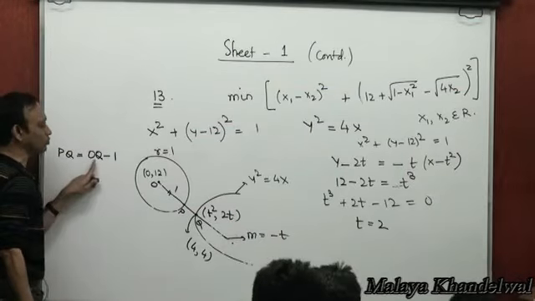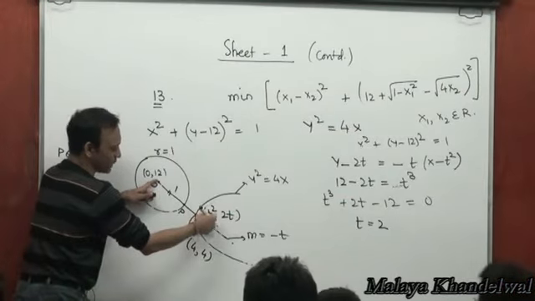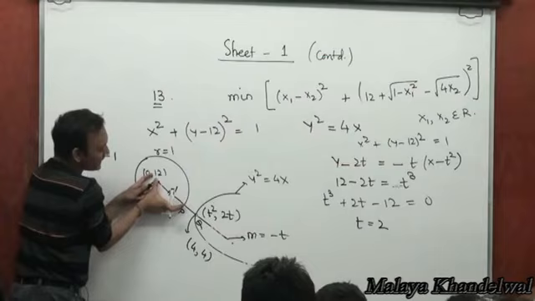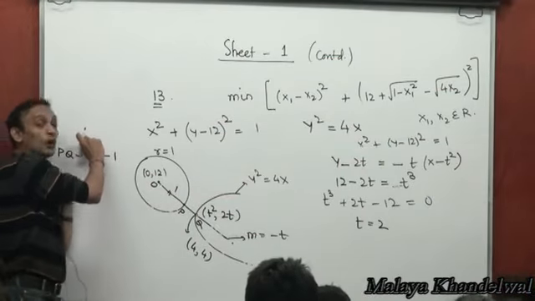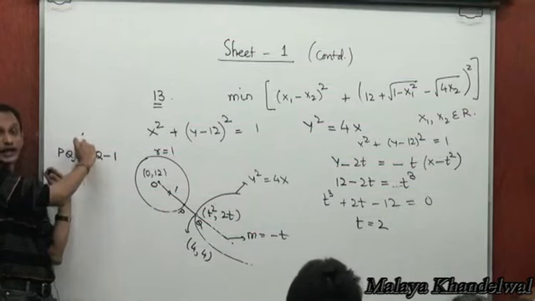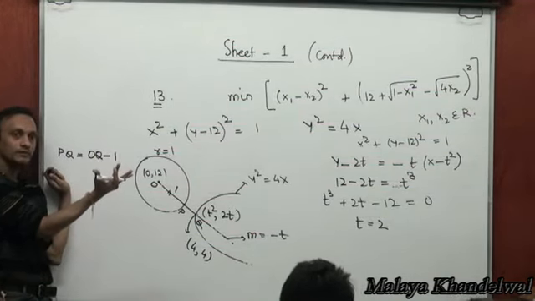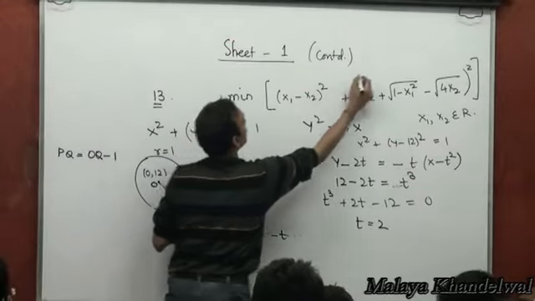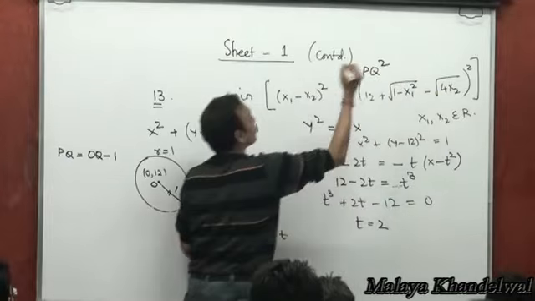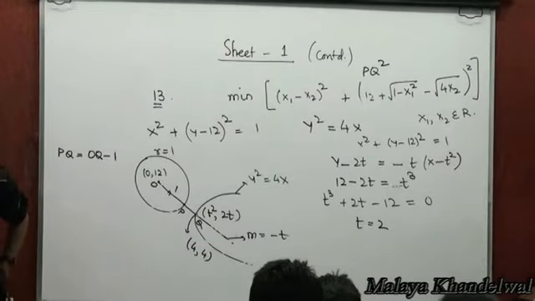OQ would be the distance of (0, 12) from (4, 4), minus the radius of the circle, that will be PQ, and we are looking at the corresponding PQ squared. Simple, right? So this will be PQ squared, where PQ is the common normal between the circle and the parabola given in the problem. Does it make sense to all of you?